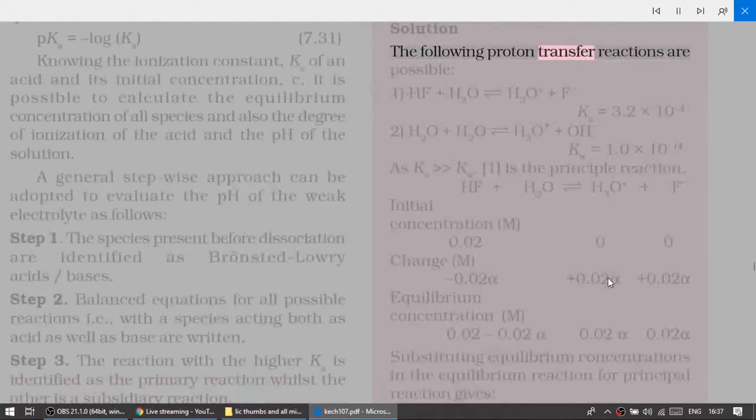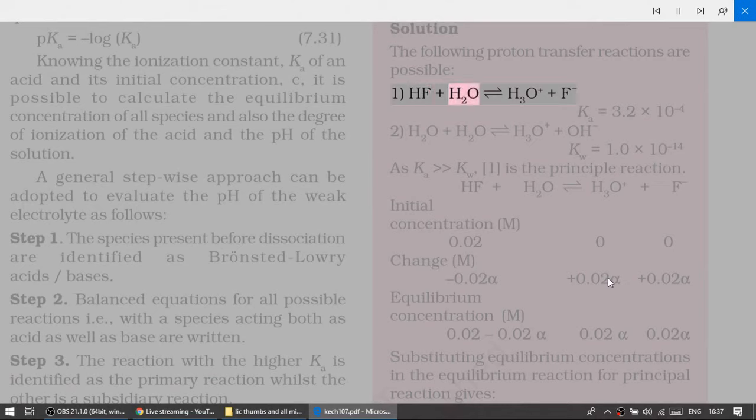Solution. The following proton transfer reactions are possible. 1. HF + H2O ⇌ H3O+ + F−, K = 3.2 × 10⁻⁴. 2. H2O + H2O ⇌ H3O+ + OH−, Kw = 1.0 × 10⁻¹⁴. As K >> Kw, (1) is the principal reaction.